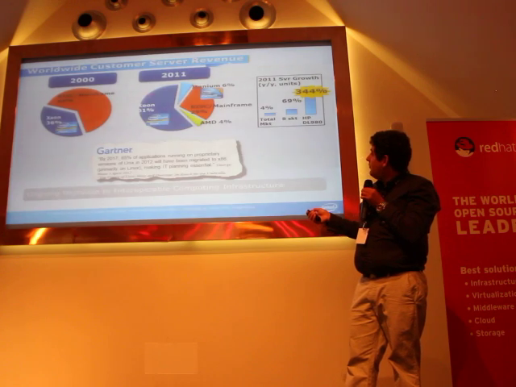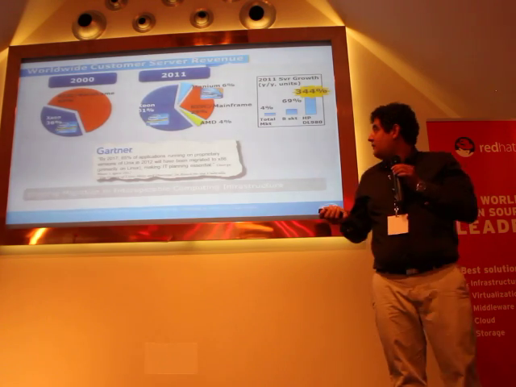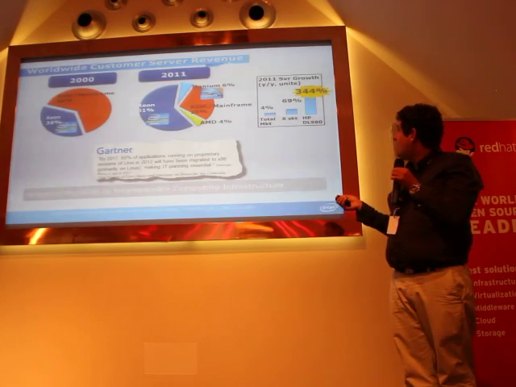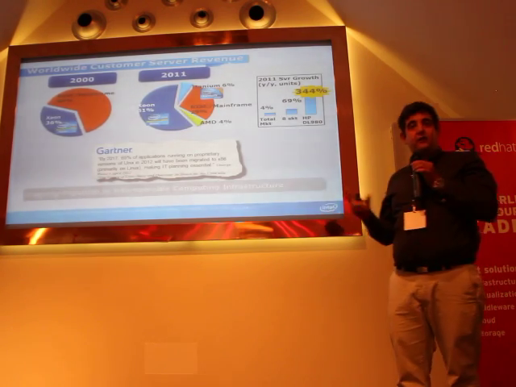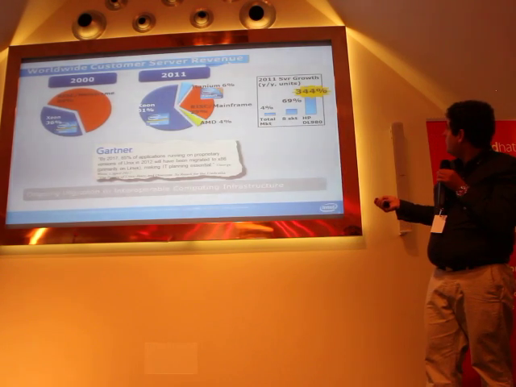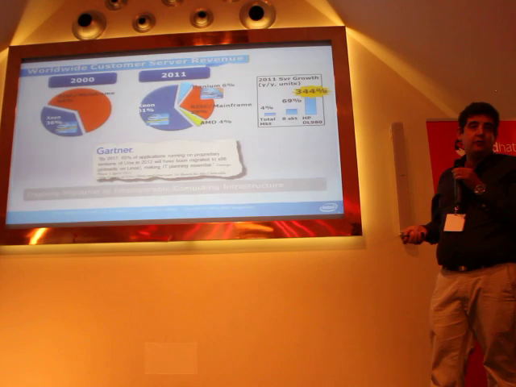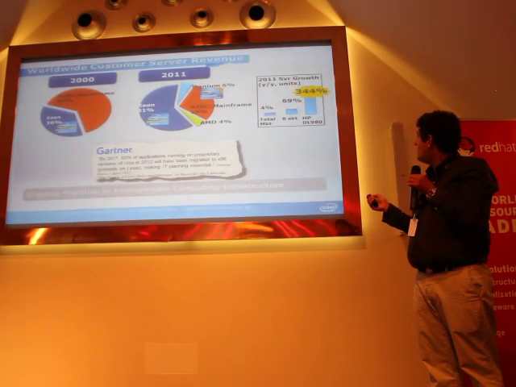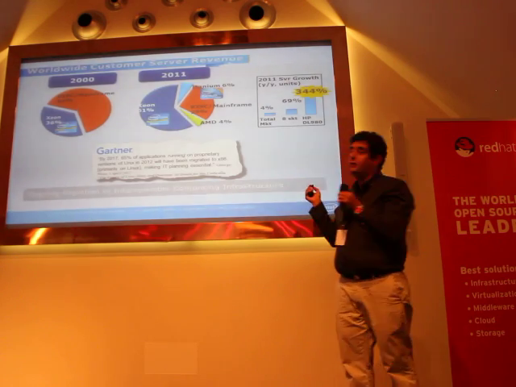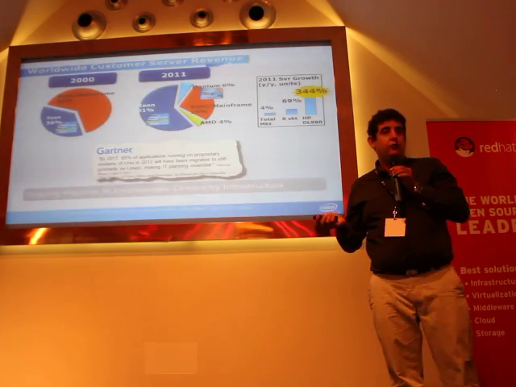In 2011, you see that really changing. 61% is running x86, and you see the RISC getting smaller and smaller. And for those who are keen on numbers, here you see the total server growth from 2000 to 2011. We have about a 340% growth in the number of servers being deployed.